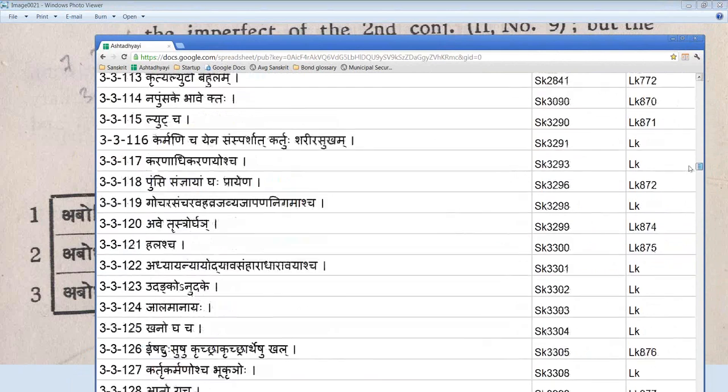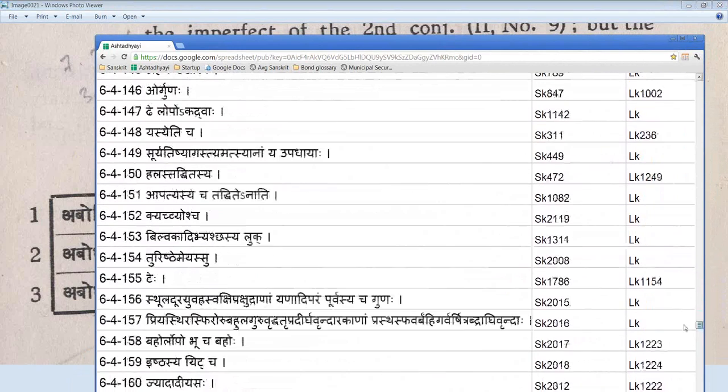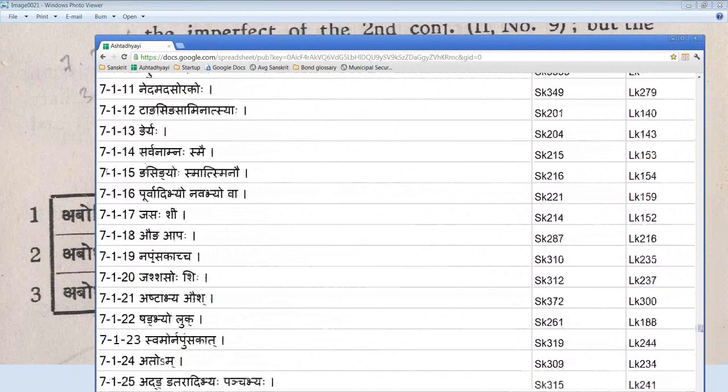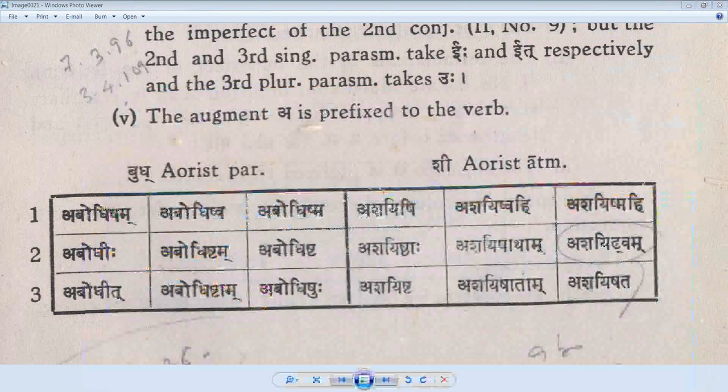So 715 adabhyastat, then atmanipadeshvanataha. I'm talking about 715. Because the ja of the pratyaya is following an angam which does not end in akaraha. Okay, and the ja has atmanipada sanya because tangana atmanipadam.